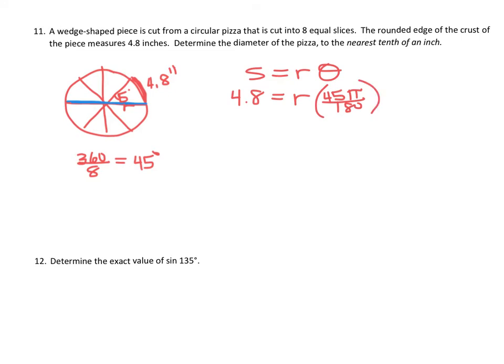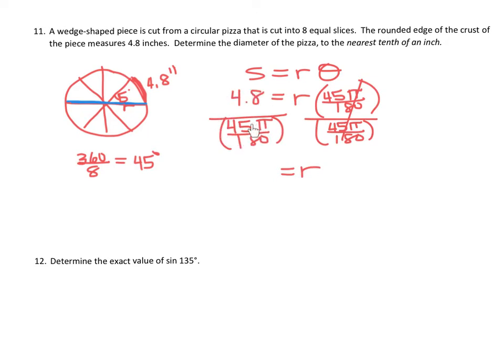So again, just like number 10, this is up to you. If you prefer to plug this into your calculator and write it as a decimal, and then do 4.8 divided by the answer in your calculator, you can do that. It probably is easier than having to do the whole parenthesis thing in your calculator. That's up to you. But I'm going to just show that I'm dividing by this exact value here, because these cancel, and I'll bring down the R, and then I'm going to just plug this in my calculator as is.